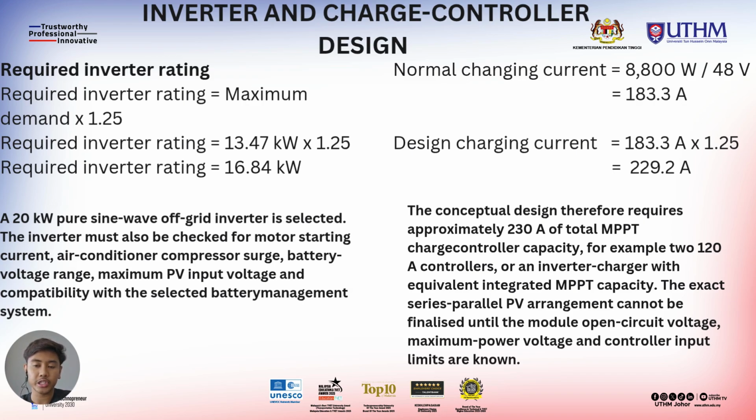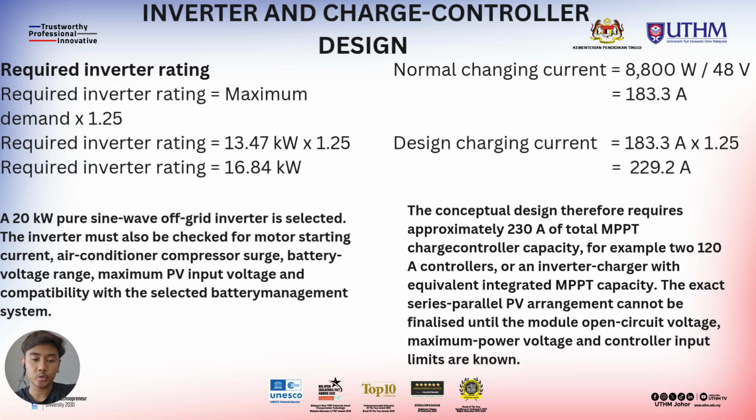Next, for the charge controller, we calculate the normal charging current by dividing 8800 watts by our 48 volt system, which gives 183.3 amperes. Applying a 1.25 safety factor brings our design charging current to 229.2 amperes, or roughly 230 amperes.